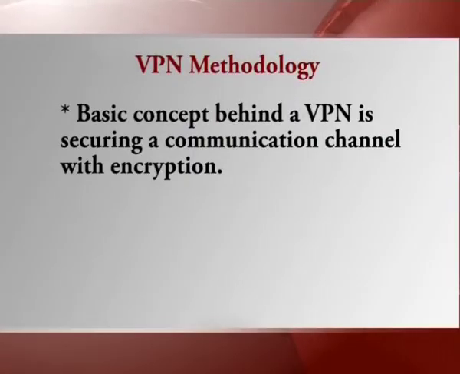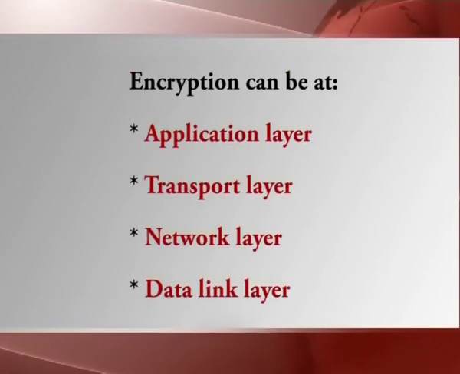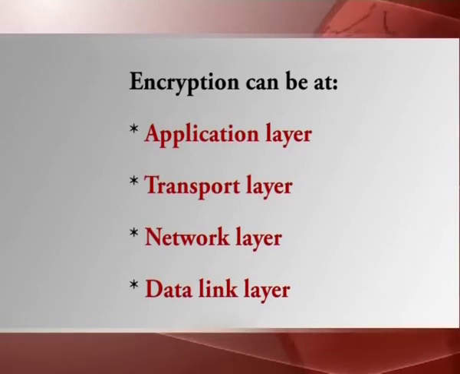The basic concept behind a VPN is securing a communication channel with encryption. Communication can be safeguarded through encryption at many different layers of the network, such as application layer, transport layer, network layer, and data link layer.